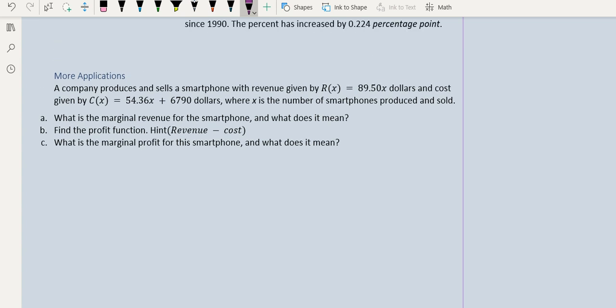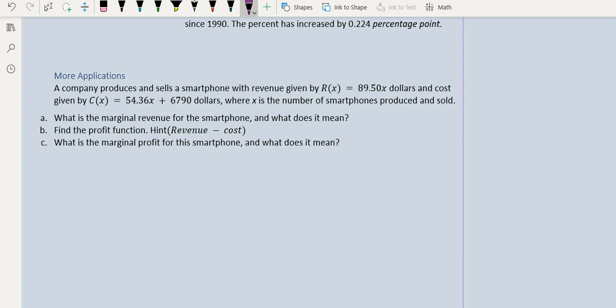More applications. A company produces and sells a smartphone with a revenue of R of x equals 89.50x dollars and cost given by C of x equals 54.36x plus $67.90, where x is the number of smartphones produced and sold.